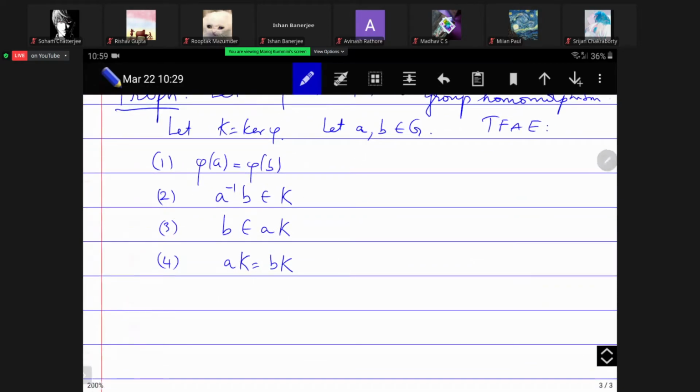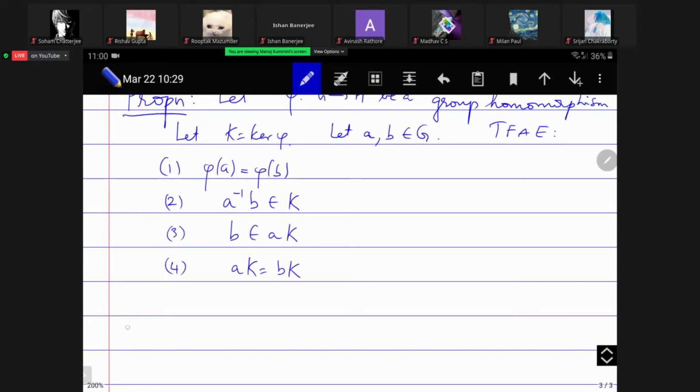So this is one reason why we look at cosets, at least cosets of kernels. Proof: we proved essentially all of it. The first two statements essentially in the previous lecture before the exam, and three and four now.